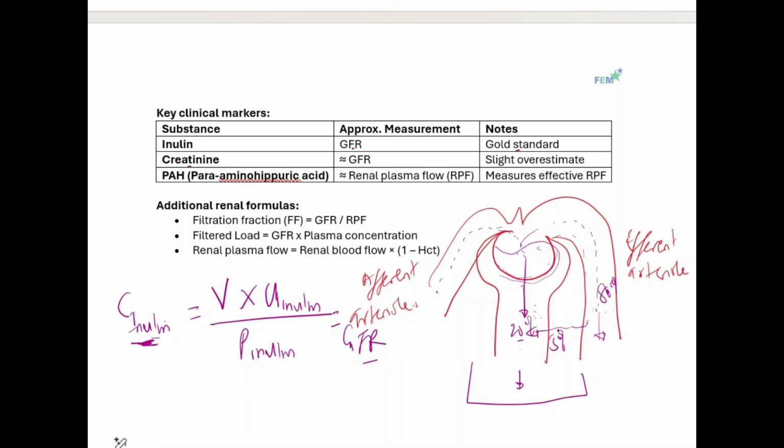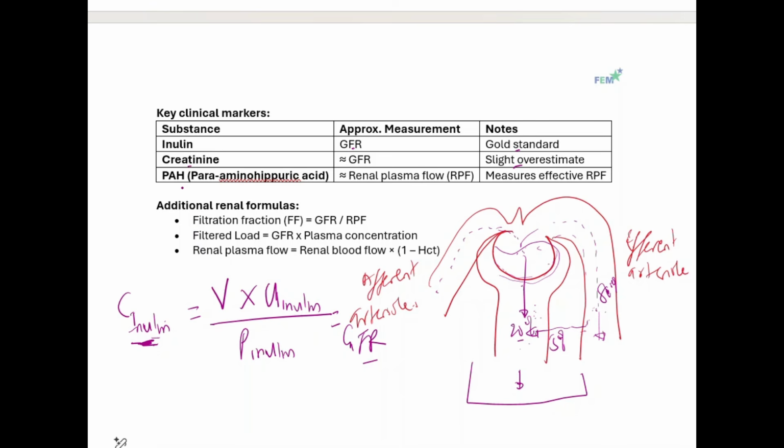So if you use the clearance of creatinine instead of inulin, you have to bear in mind that it will slightly overestimate the glomerular filtration rate, because of this 5% that is secreted at the peritubular capillary.